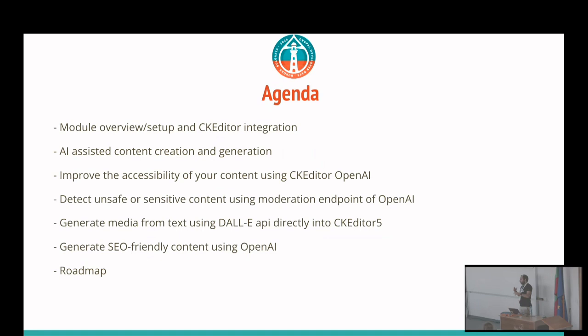We're also going to generate ARIA attributes, generate media using the DALL-E API of OpenAI, and generate SEO-friendly content, also using OpenAI. And then we're going to explore the roadmap of the module.